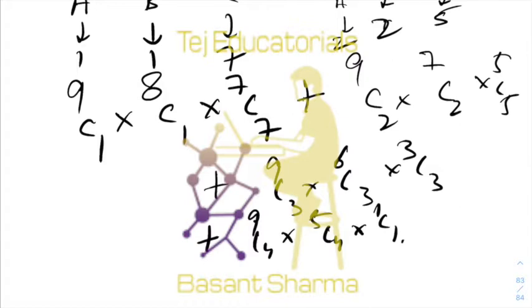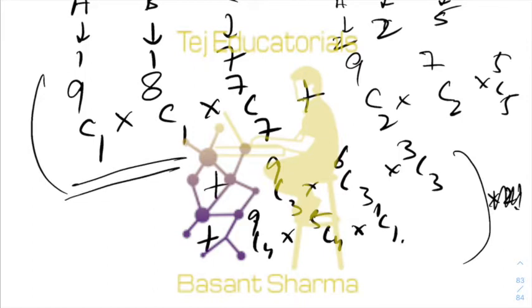Now you might ask, why have we not multiplied this result with 2 factorial? Because once we have selected the elements, we have to decide whether to give the objects to A or B, right? But those cases have already been taken care of when we multiplied here, because, I'm emphasizing again, that multiplication includes order.